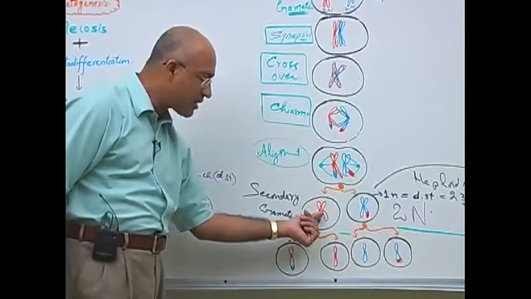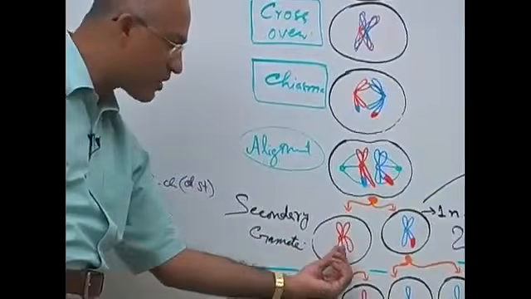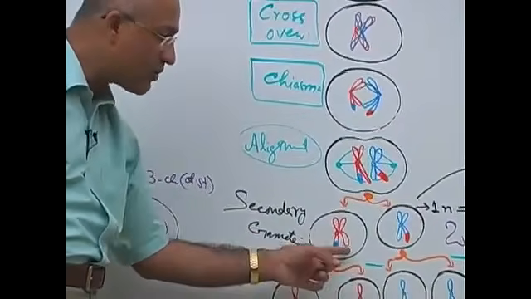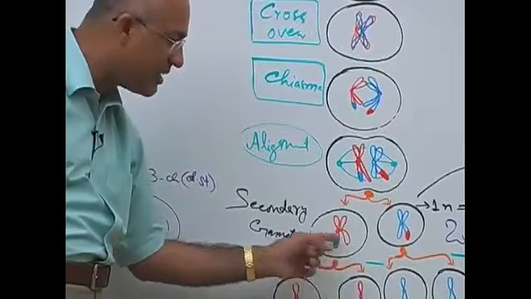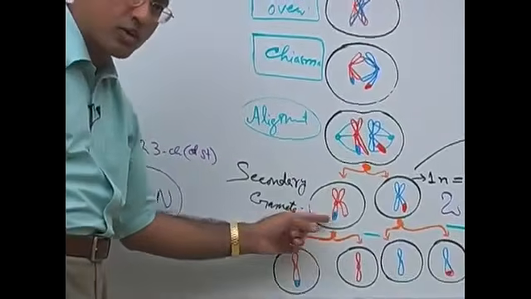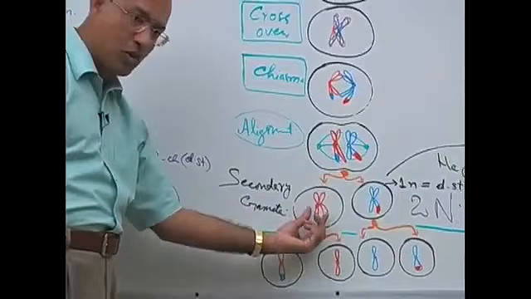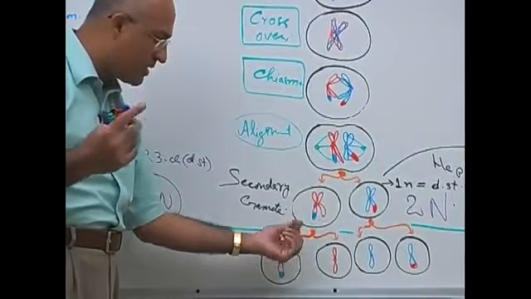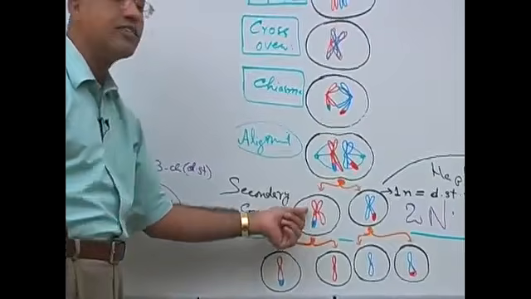And when their centromeres break down, each chromatid goes to the other side. This was a double structured chromosome, and out of every double structured chromosome, one structure goes to one side and the other structure goes to the other daughter cell.